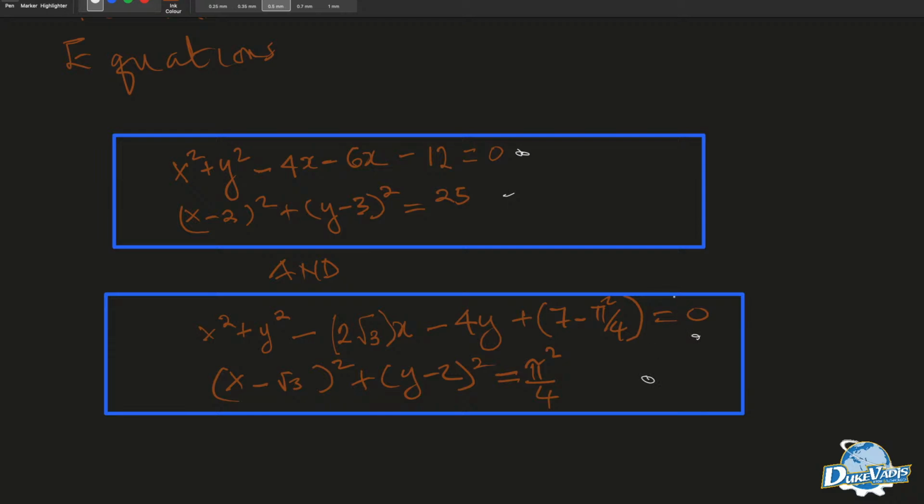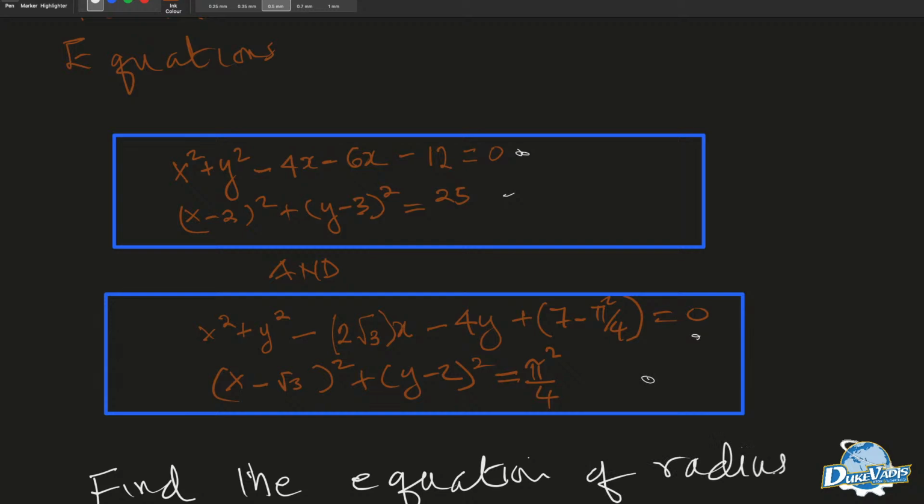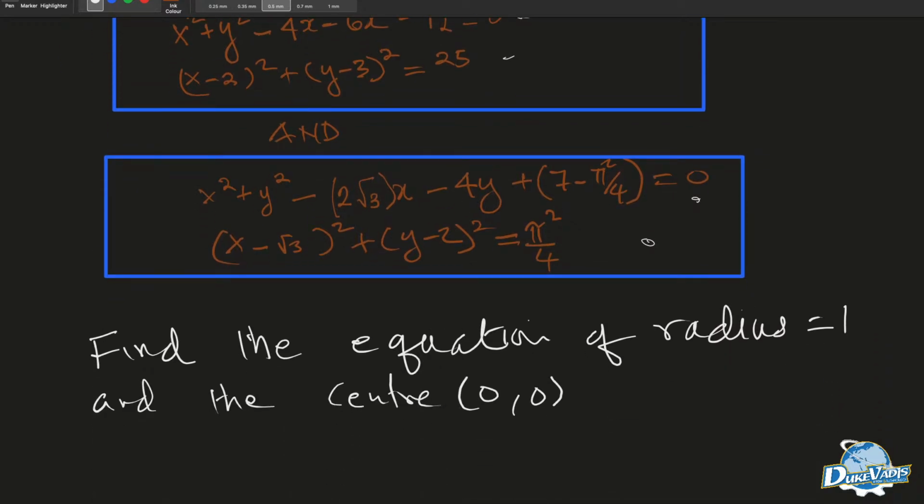So definitely we know that if we have been given any point, for instance, a coordinate of an origin, and we have been asked to find the equation of radius 1 and the center 0, 0, meaning equations that start from the origin.